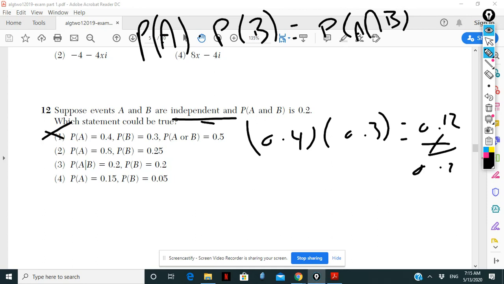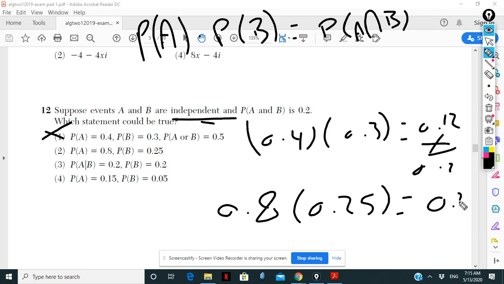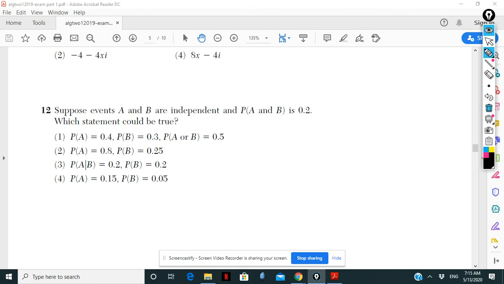For the second one, 0.8 times 0.25 gives me 0.2, so that's the correct answer. So for 12, the answer is 2.